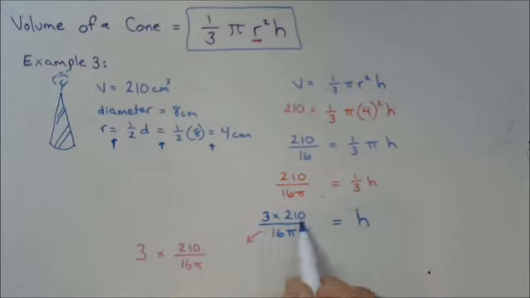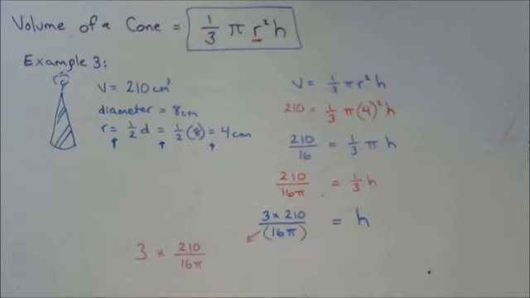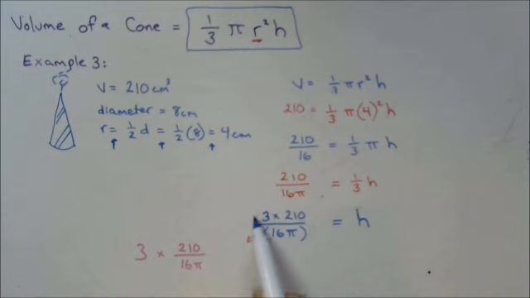I just very carefully do this in my calculator using brackets. 3 times 210 divided by, and then because this is naturally a group in the denominator, I will have to put that in brackets, okay? Otherwise, it will give you 3 times 210, which is 630, divide by 16, and then take that number and multiply it by pi. That's not what we want. We want to divide by whatever 16 times pi is.